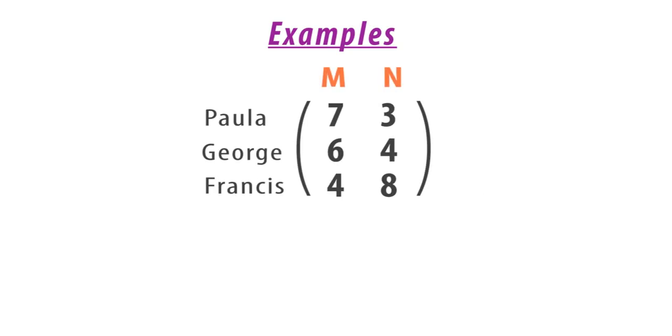So we have Paula, we have George, we have Francis, and we have shop M, shop N. The matrix is 7, 3, 6, 4, 4, 8.